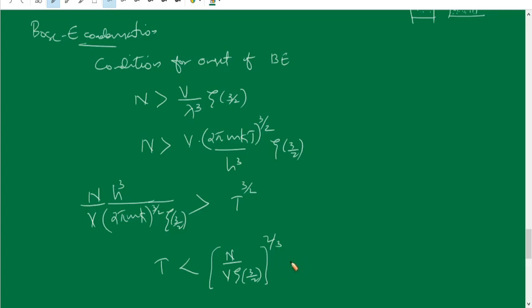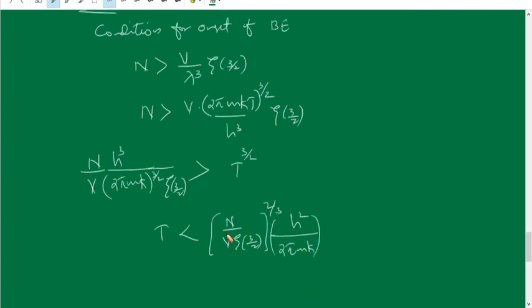Taking the root, this will be equal to h square divided by 2 pi m k. So the temperature should be less than this value.